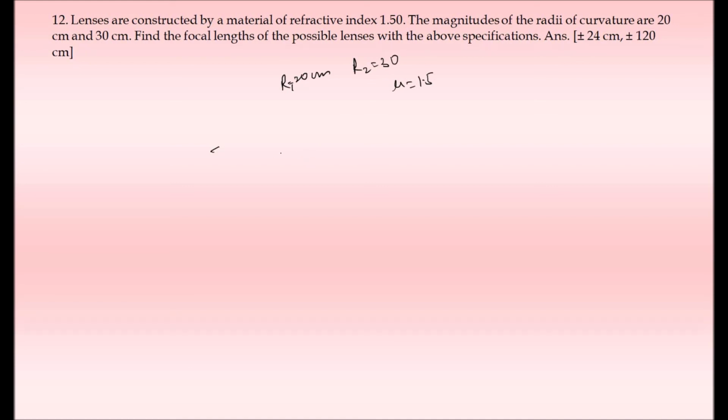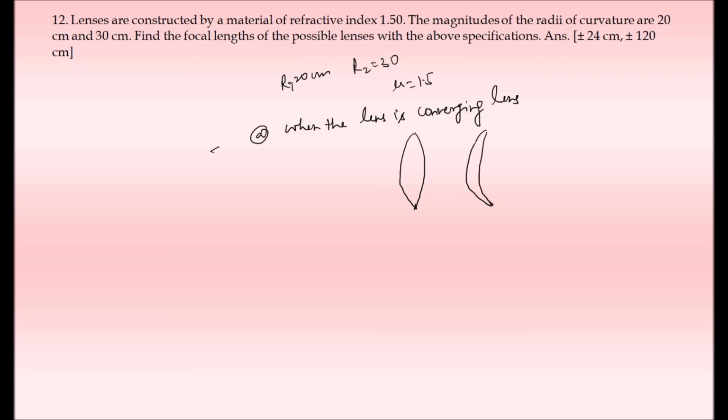So we will see two cases. When the lens is a converging lens, it is possible in two scenarios, like this and this scenario. That is the double convex lens or biconvex lens, and second is the concavo convex lens.